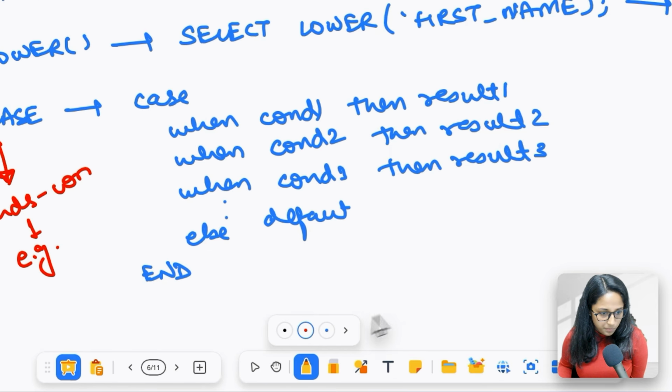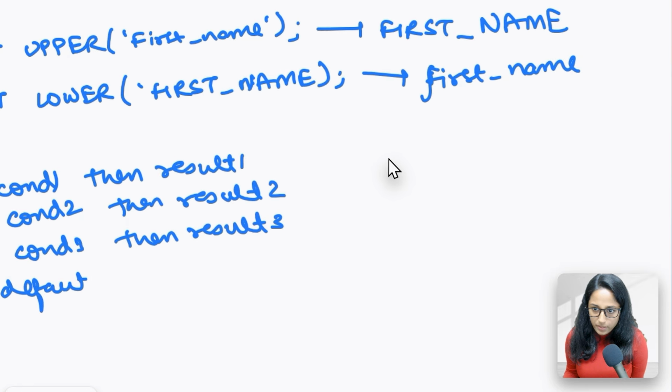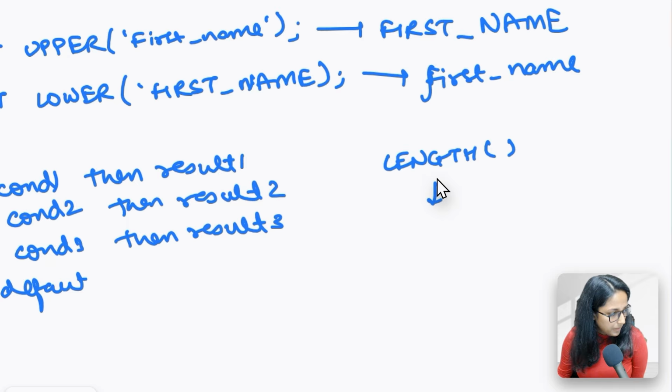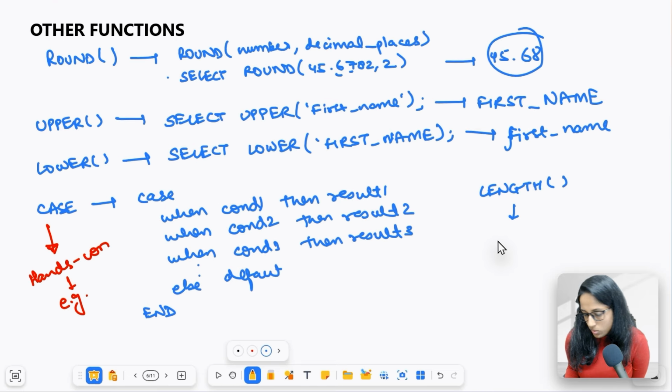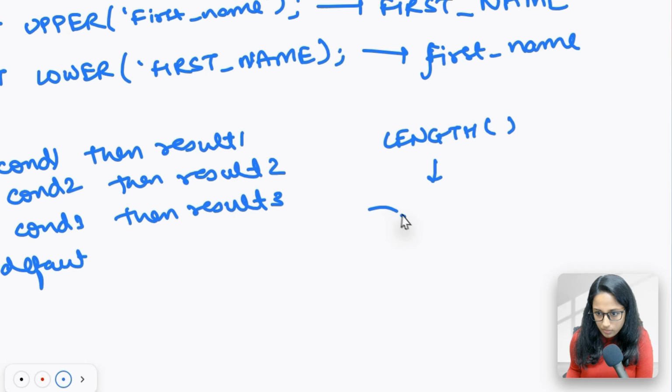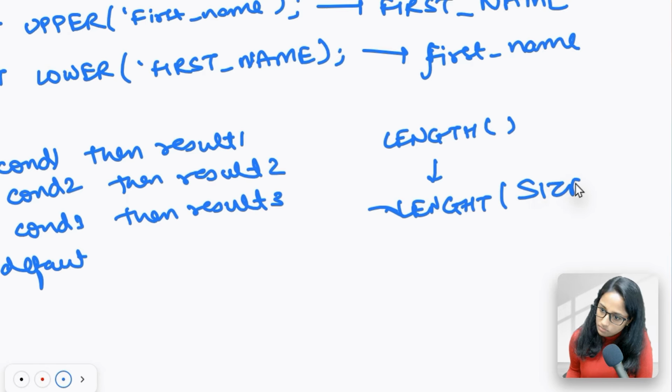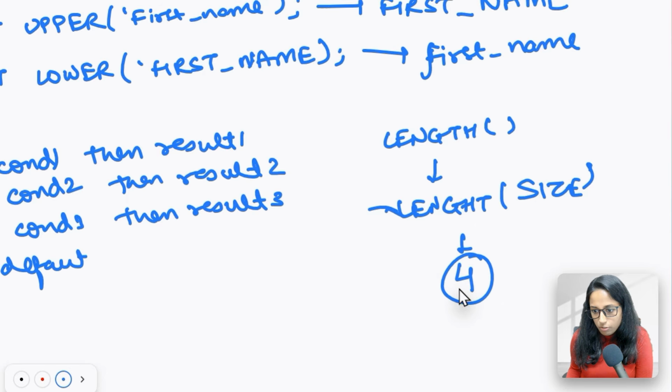Another one we have is length. For example, if I want to count the number of characters in a word, or the length of a string, I would use LENGTH and size, where size is my word and can be anything. The output will be 4, because it has 1, 2, 3, 4 characters.